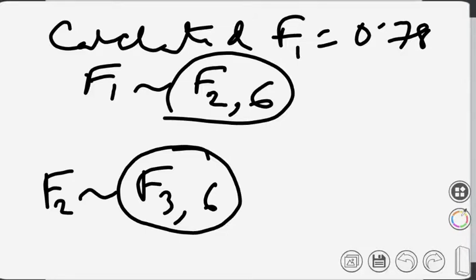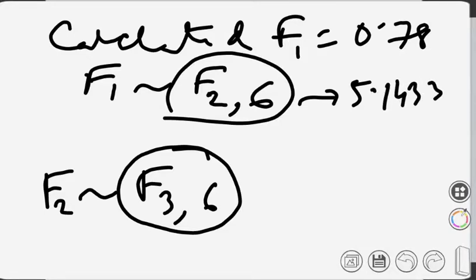F table I have given. Can you tell me the values? Yes, for 5% level of significance, 2,6. What is the value? 5.1433.